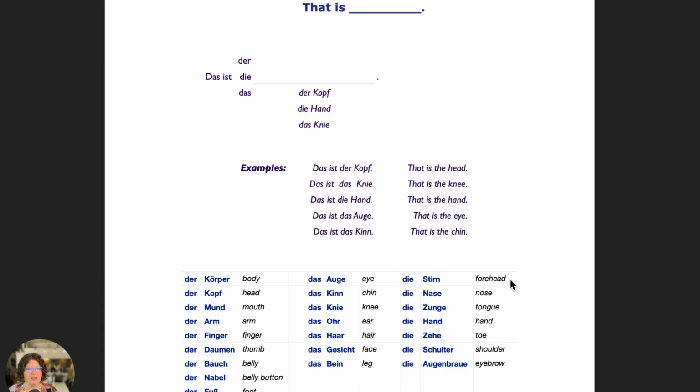Das ist die Stirn. That is the forehead. Das ist die Nase. That is the nose. Das ist die Zunge. That is the tongue. Das ist die Hand. That is the hand.